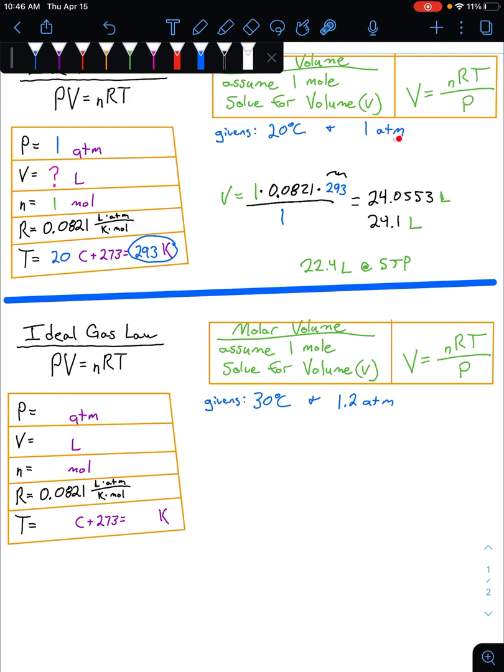Atmospheres is the same as STP, and the temperature is slightly higher, 20 degrees Celsius higher, and gases take up more space when they're warmer. You probably know this intuitively if you have left a screw-on cap soda bottle out in the sun, and you come back half an hour later on a hot day, and it's like poof, it's expanded, and when you take off that lid, it really poofs.